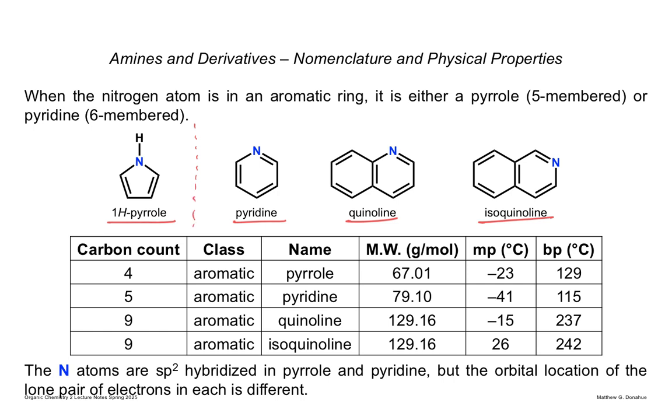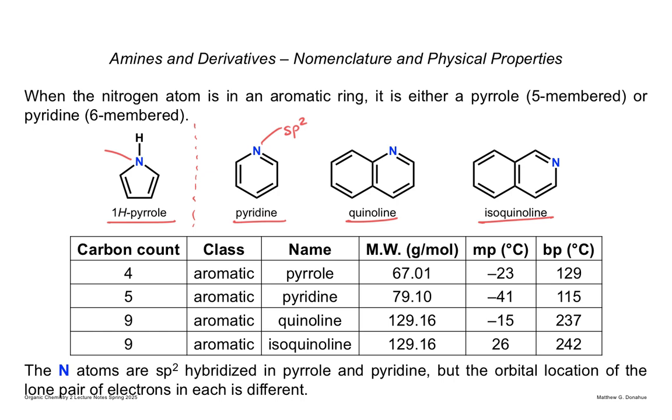So the pyridine, quinoline, isoquinoline, the nitrogen all has sort of the same bonding pattern, right? But the pyrrole looks different. So you can tell by looking at that, the nitrogen's sp2 hybridized. When you look at this one, what does it look like?